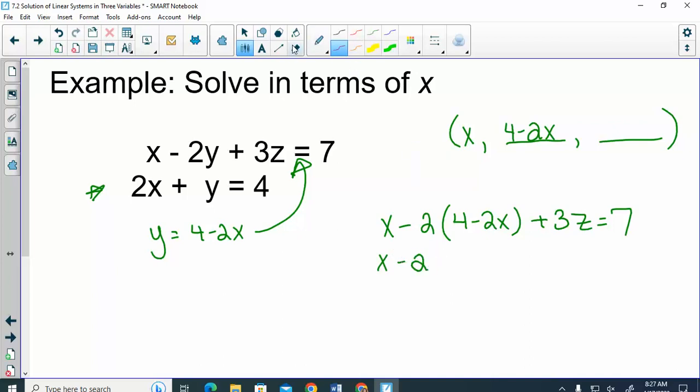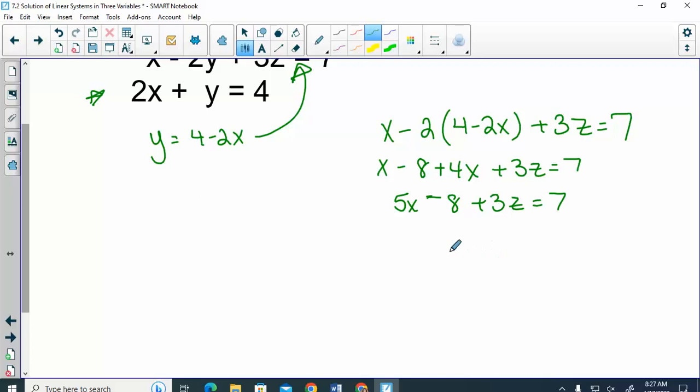So we have to distribute the negative 2 here, so minus 8 plus 4x. I'm going to add over my 8, subtract my 5x.